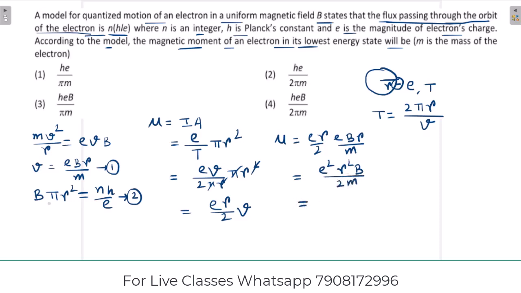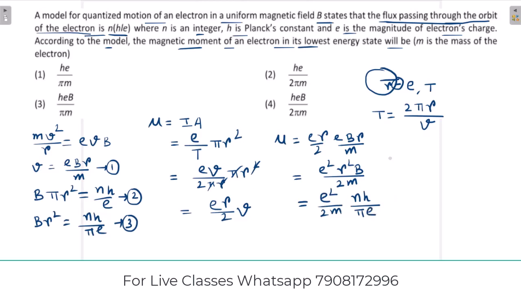Now put the value of B r square from equation 2, that is B r square is equal to nh by pi e. Let's say this is equation 3. So B r square is nh by pi e, and mu becomes e square by twice m into nh divided by pi e.